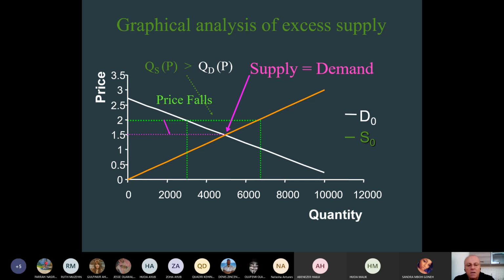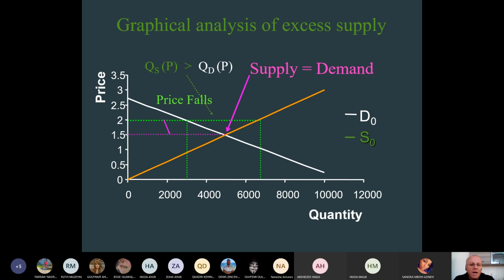This surplus and overproduction should be reduced, because we have overproduction, as you are observing here, at point 2, where price rationing is not helping to balance supply and demand in equilibrium.